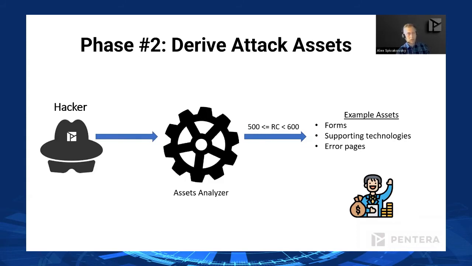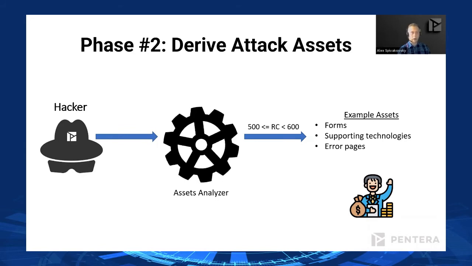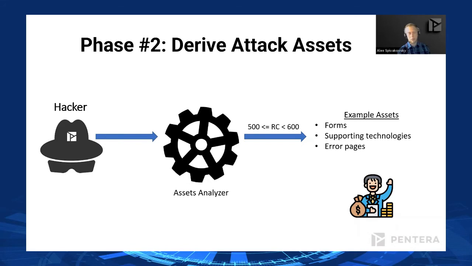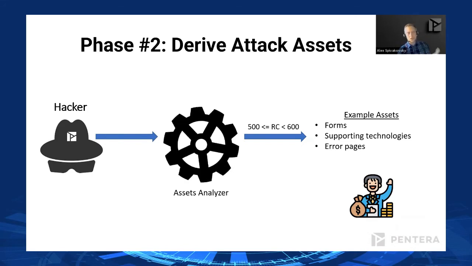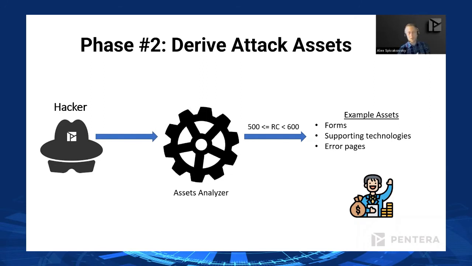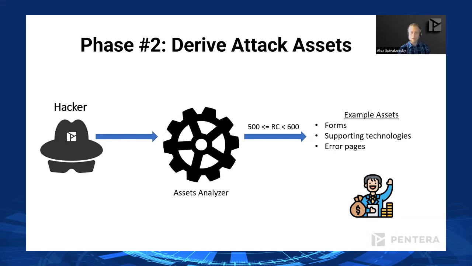Error pages. Error pages are a great interaction point for a hacker. They can disclose a lot of interesting information. The way to derive them is basically to reach out to an endpoint. If for some reason you get an error code from the 500 family, treat it as an asset.